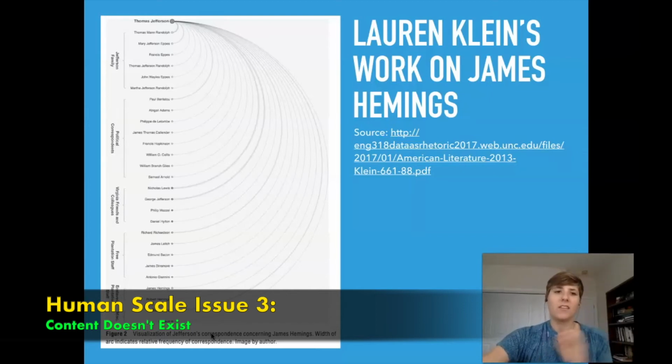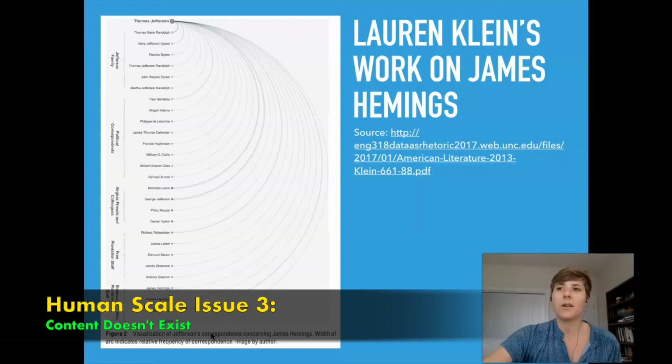So there's lots of correspondence about James Hemings and about the kinds of meals that he would create that gives us information about cultures of early American food and relationships between Thomas Jefferson and his enslaved populations and so on. But what we don't ever have, for instance, is content from Hemings himself.